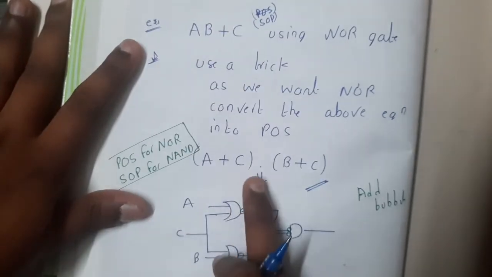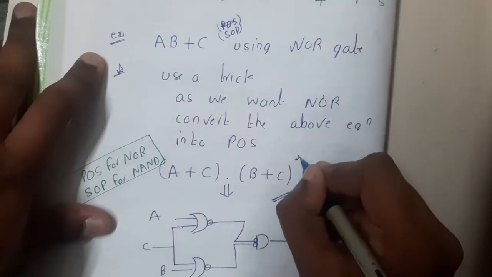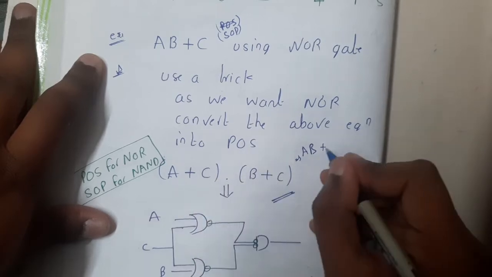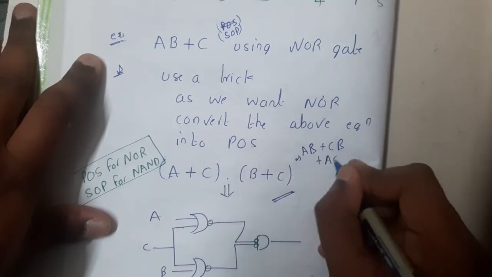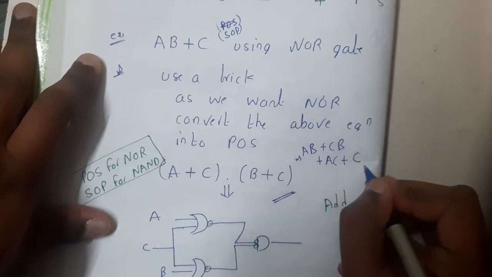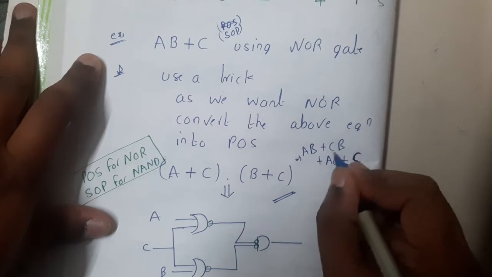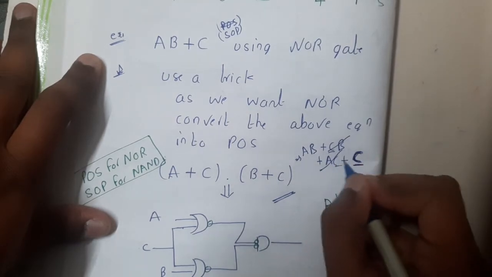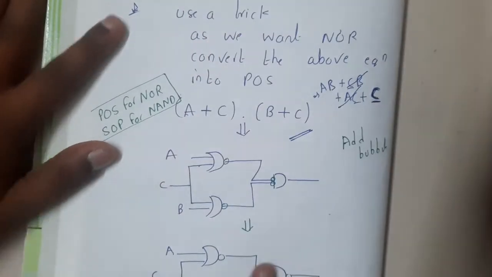If you multiply, you get AB plus CB plus AC plus C. Remember, if something is a subset, the main part is already in both, so when the main part is there, why do we need these two? In that way it becomes AB plus C. So this is an equation you can remember, guys.